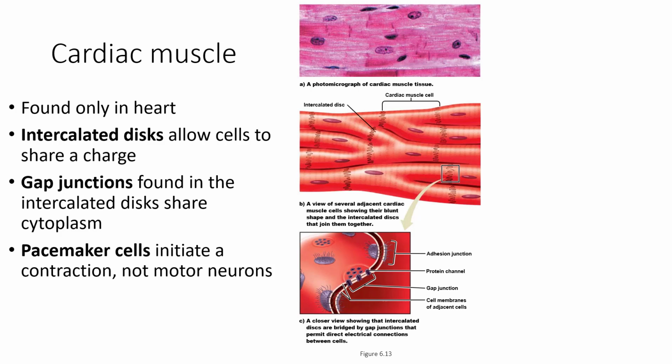This means if one has a change in electrical charge, it will propagate very rapidly from cell to cell through these intercalated discs. There are some cells in the heart called pacemaker cells, and these have a resting potential that is somewhat unstable, causing them to begin contracting spontaneously. This causes the whole heart to contract because they're all sharing the cytoplasm through gap junctions.